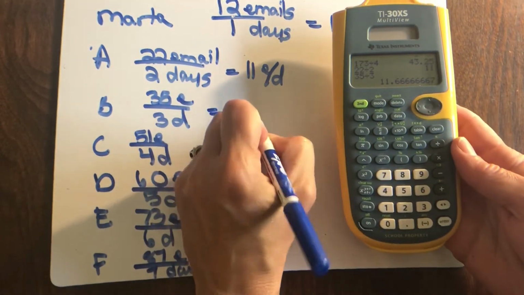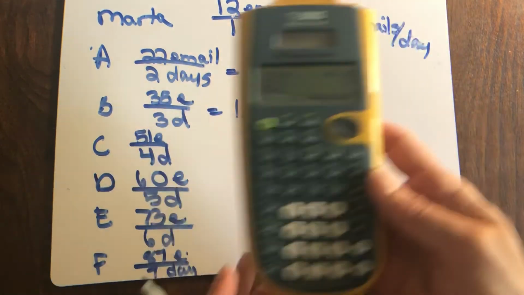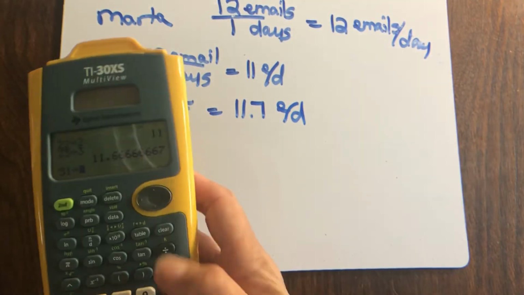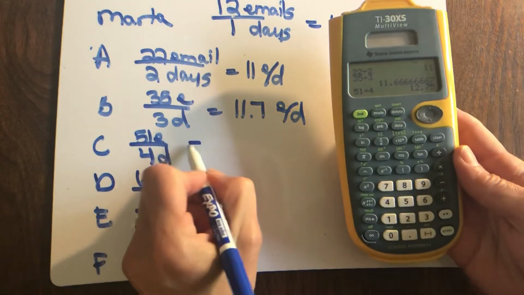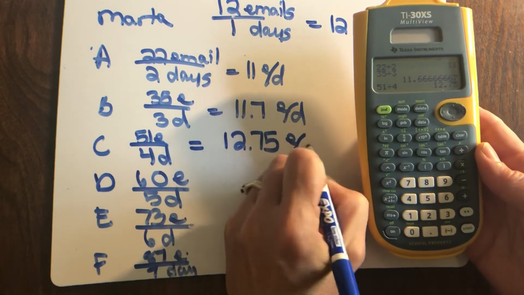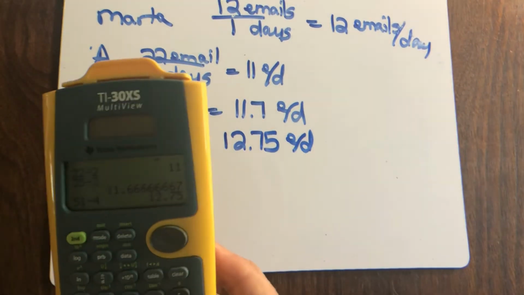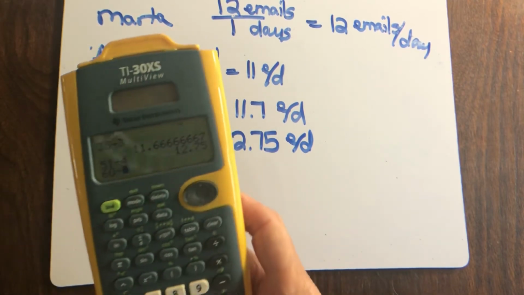Is 11.66. I'm gonna round that up. 11.7. Okay. 51 divided by, work it as a division problem, not as a fraction. That's what a unit rate is, really a division problem. Emails per day. Remember, the higher the number, the faster your rate is. 60 divided by 5.